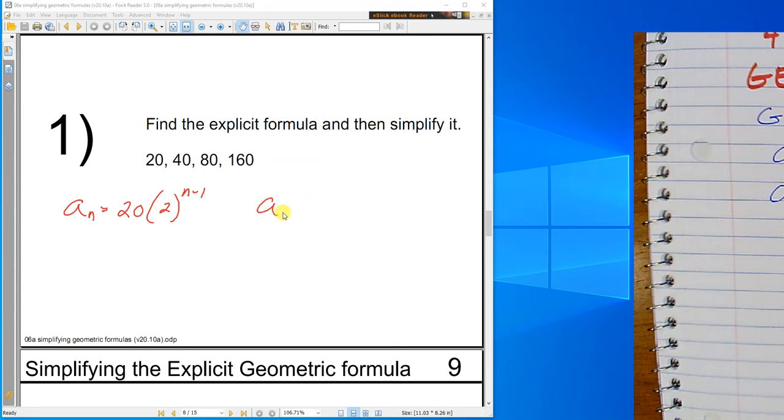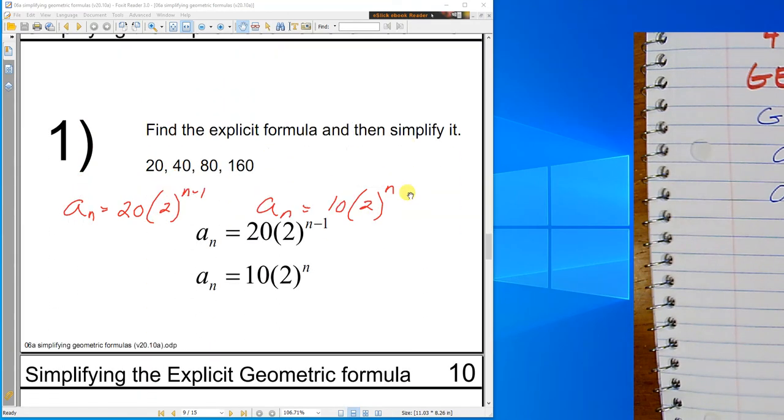Simplified, go back a step, which would take me to 10, ratio raised to the n. These do the exact same thing. This one is starting at the first term and going back a step. This is starting at the 0 term and not going back a step. Yep, we're looking good. Let's do another one.